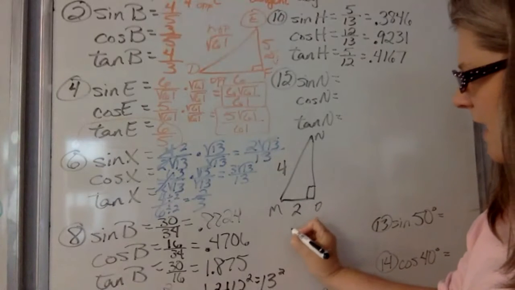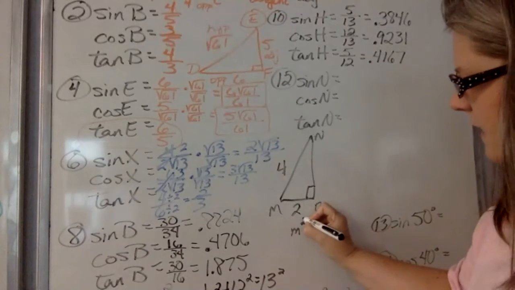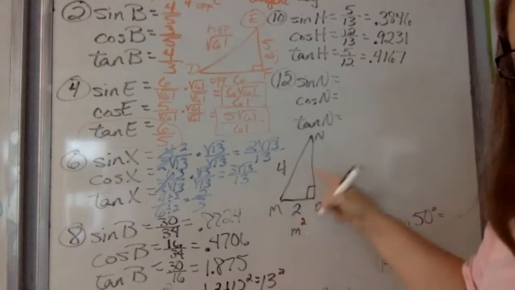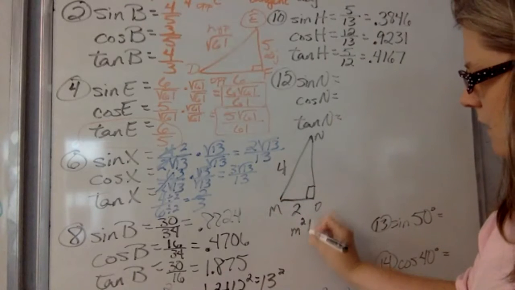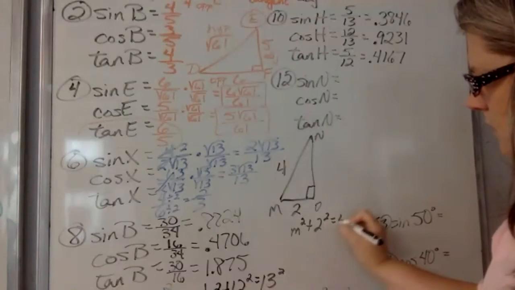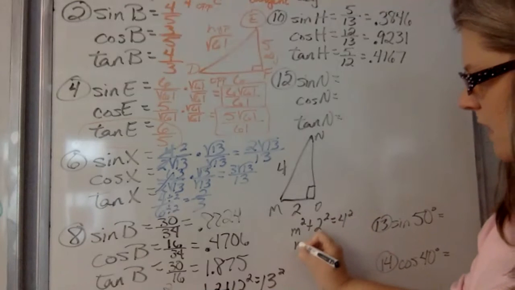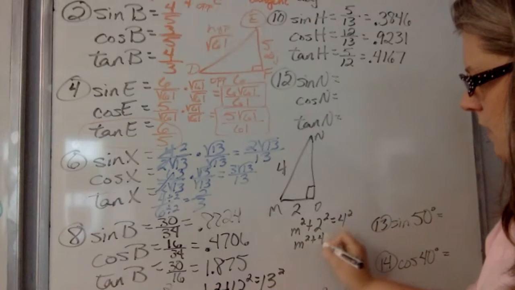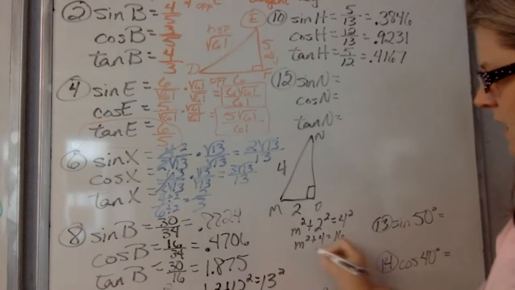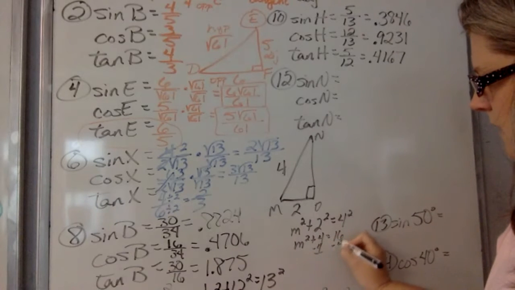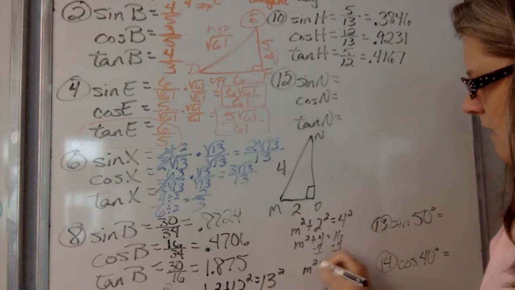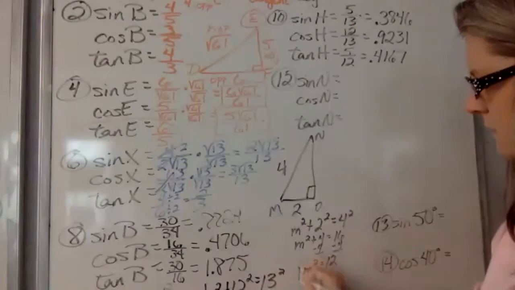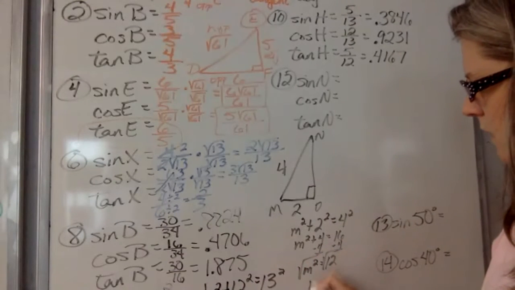So I have m squared. I'm going to call that m because it's across from the m vertex. M squared plus 2 squared equals 4 squared. So m squared plus 4 equals 16. Subtract 4 from each side. M squared equals 12. Take the square root.